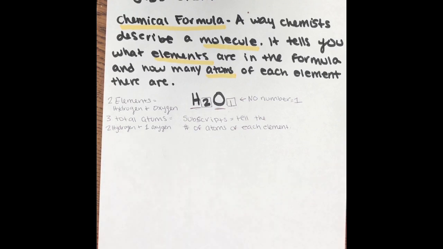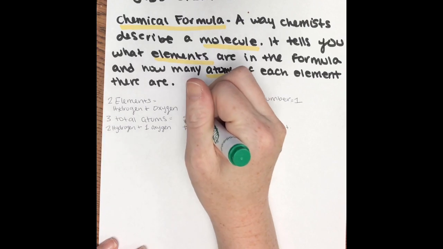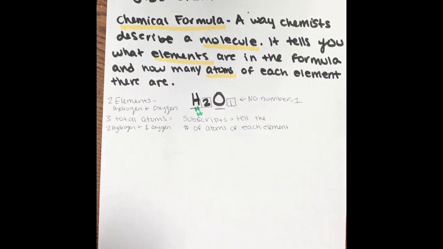If we were to break down this formula, we could write the number of atoms underneath. We have 2 H's and we have 1 O. This is a good way to just be able to see it, especially when we get into our longer formulas.